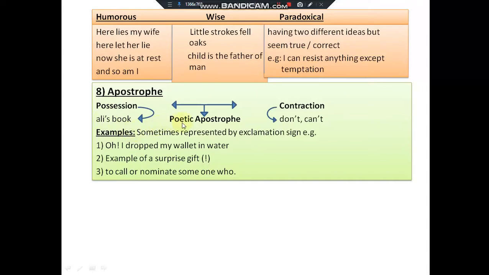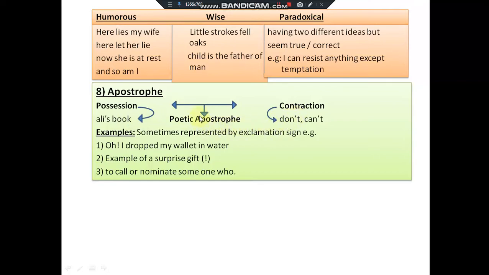And then contraction. Contraction means the short form of the sentence. We use this in conversational style, in dialogue form. For example, do not is contracted, written in a short form by putting this apostrophe here. Don't, can't, shouldn't. You have done this in punctuation in your first year class.